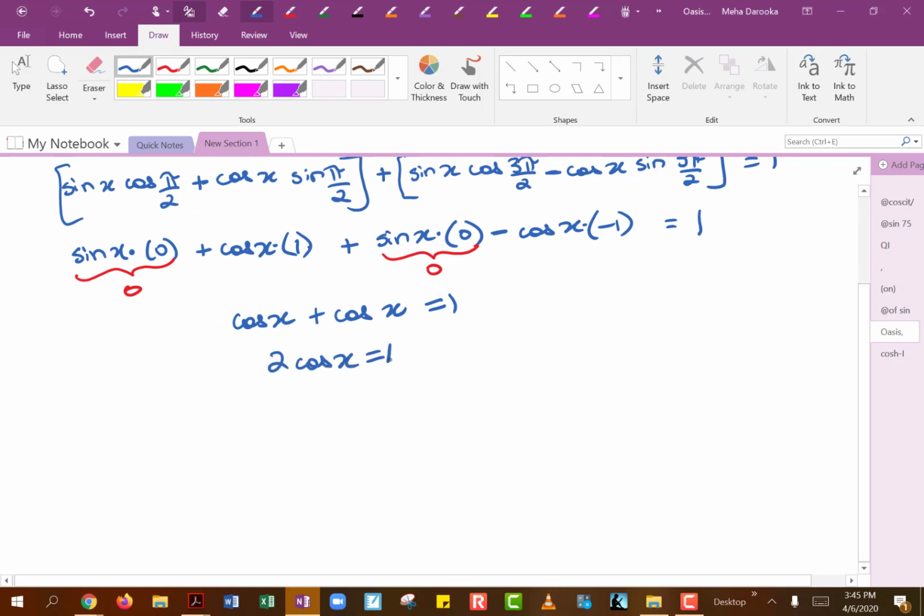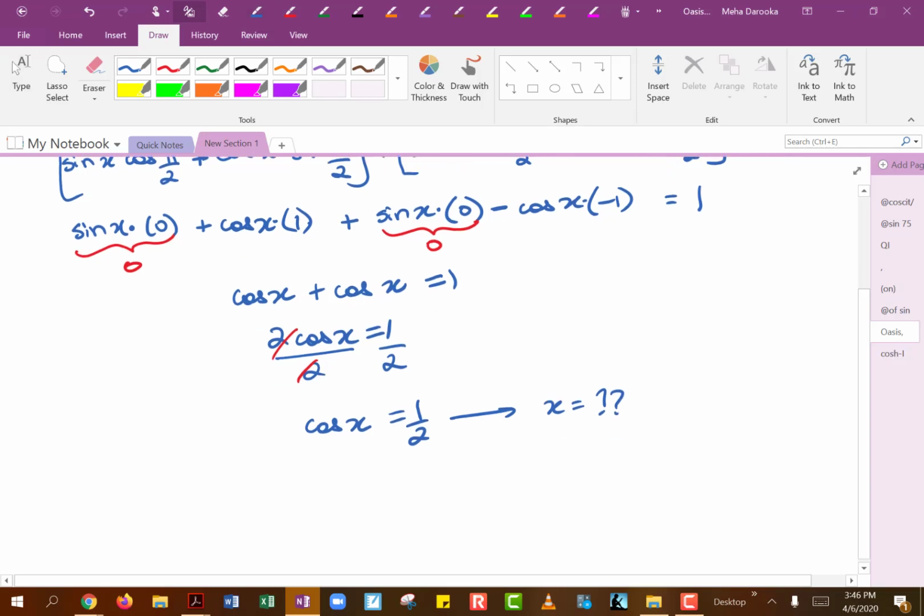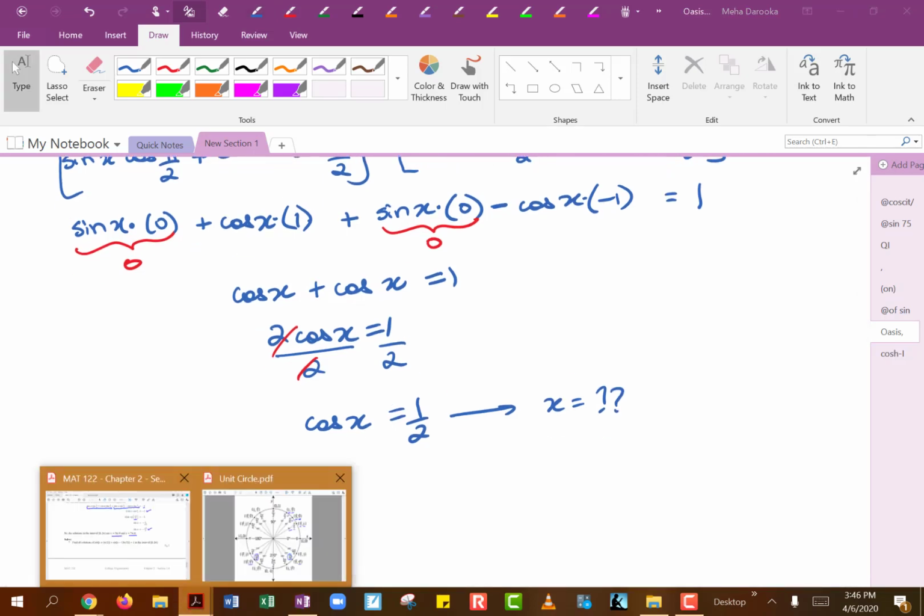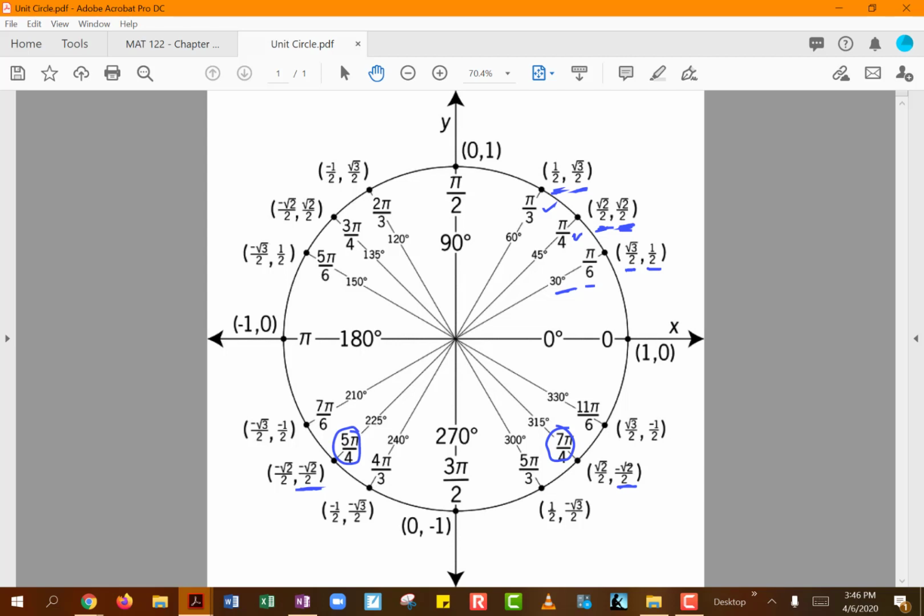To get cosine of x by itself, go ahead and divide both sides by 2. And you end up getting cosine of x equals 1/2. So you basically have to find out what angle x will be. So go to your unit circle and see where your cosine function is going to be positive 1/2.